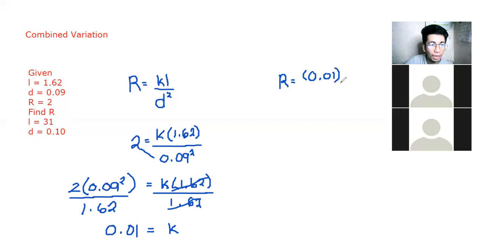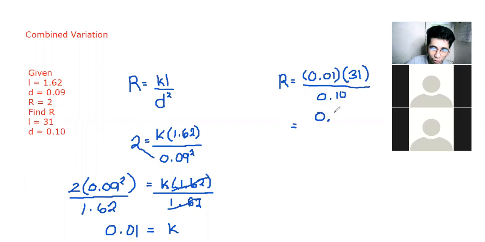Then, ang value naman ng L natin is 31. Haba. Over, ang value ng D natin is 0.10. Compute muna natin, 0.01 times 31. 0.31.